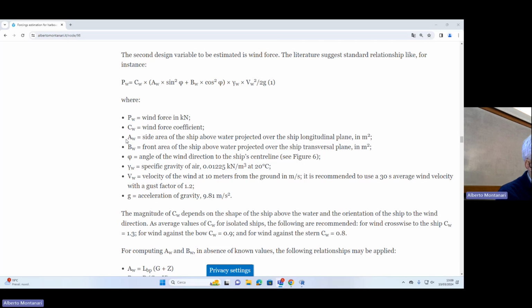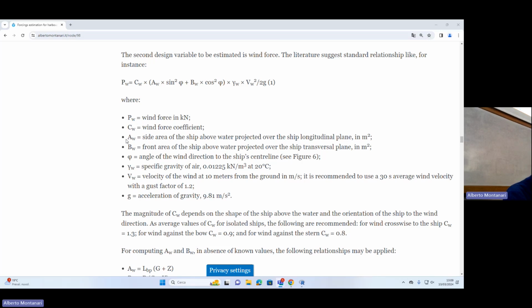The pressure is computed by considering a physical law depending on the density of air, specific gravity of air, and the velocity of the wind. So you can recognize a physical basis here, a part of a process-based approach.